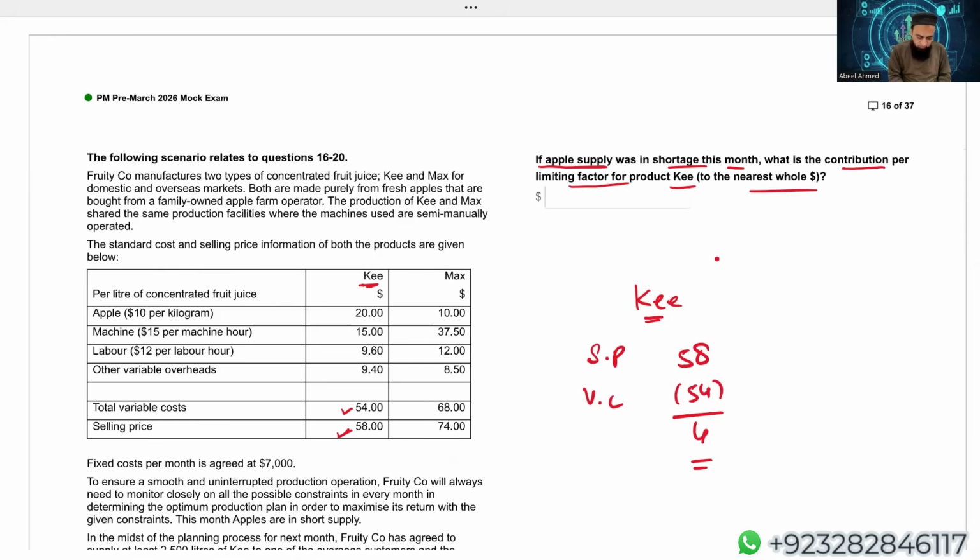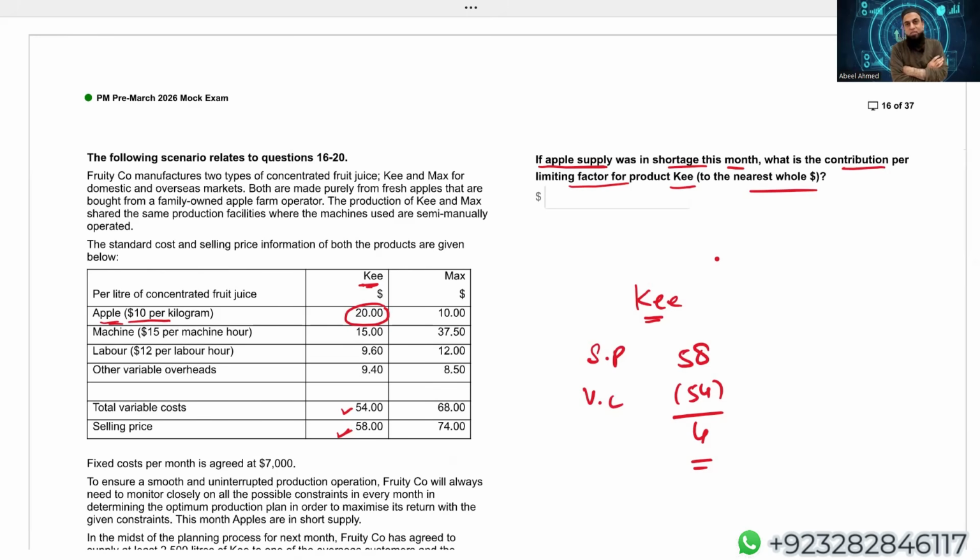If you look at the question, Apple is $10 per kilogram and Key has a total cost of Apple of $20. One kilogram of apple is costing $10. Very expensive, I would say very, very expensive.